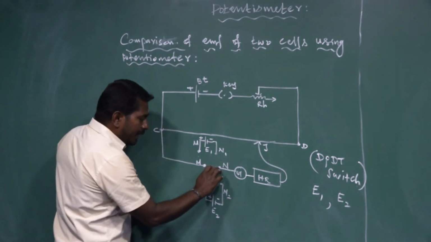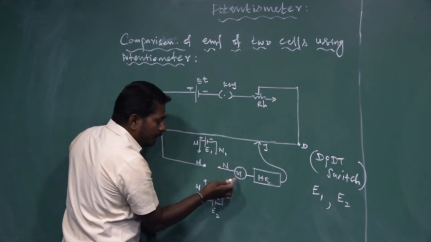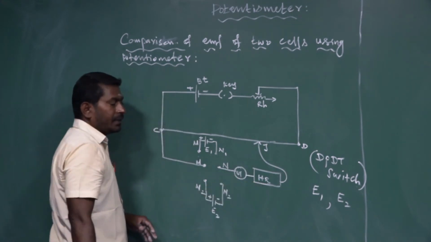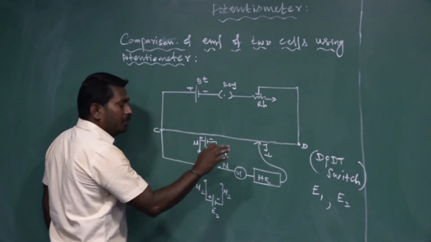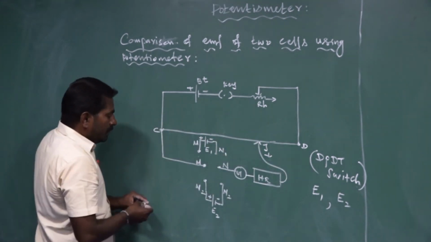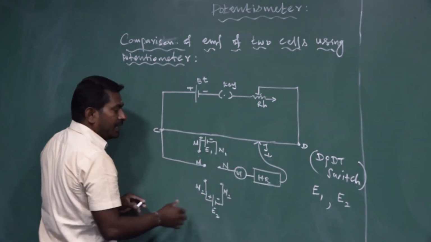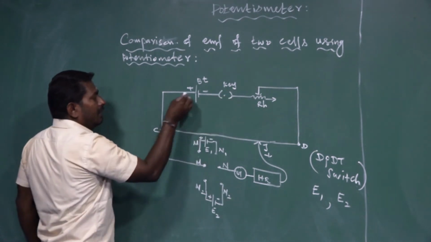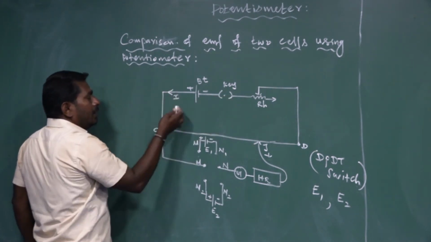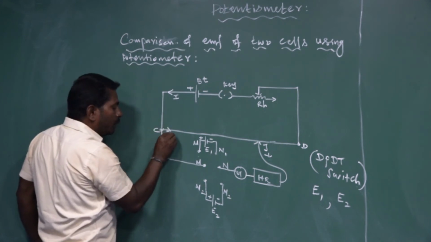Next, the N terminal of the DPDT switch is connected to the metal jockey through the galvanometer and high resistance. This metal jockey may make electrical contact at any point on the potentiometer wire. This entire arrangement forms the secondary circuit. When the key is pressed, a steady electric current I flows through the potentiometer wire.